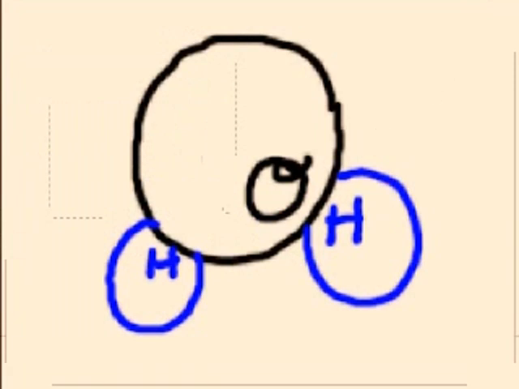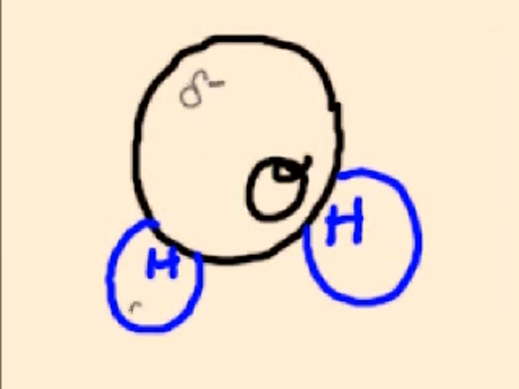And as we can remember from before, the water molecule, on the oxygen end, has a partial negative charge, and on the hydrogen end, it has a partial positive charge. Okay. And so this is a bond, and this makes a molecule.